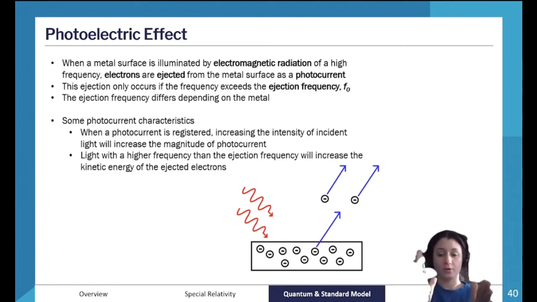The brightness of the light, after you reach a threshold frequency, tells you how many electrons there are, right? Frequency, how much energy. Brightness, how many.